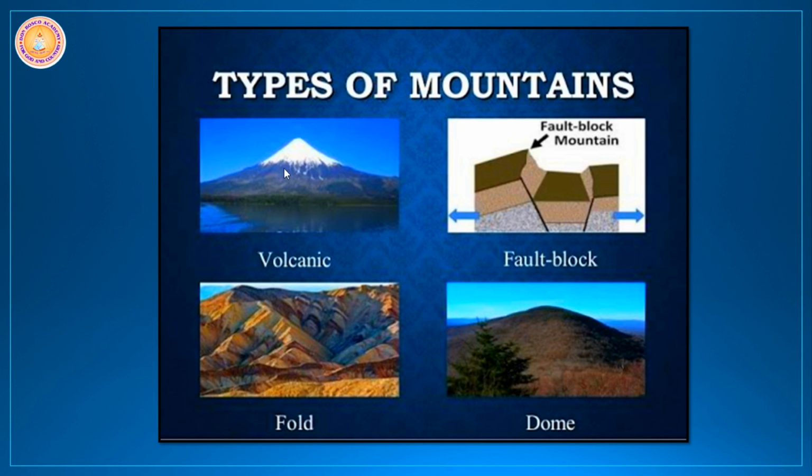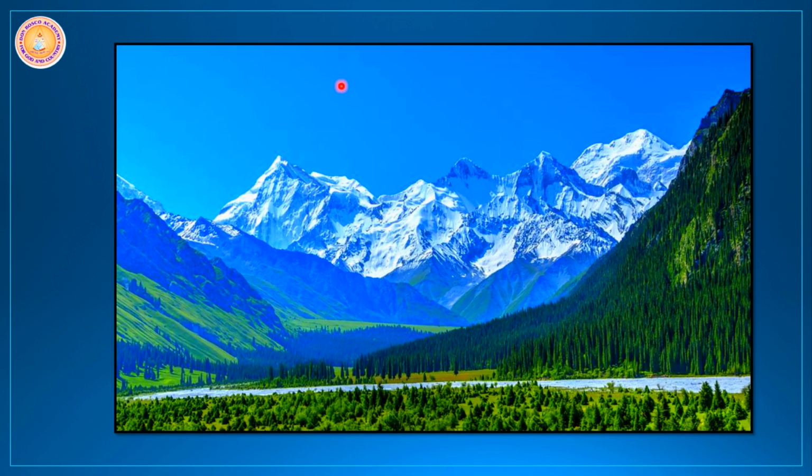Now, what are fold mountains? Fold mountains refer to a horizontal compression which occurs under the Earth's surface, mainly due to the tectonic force.